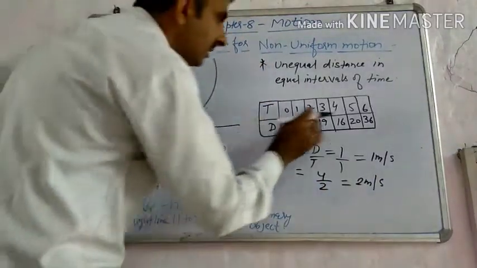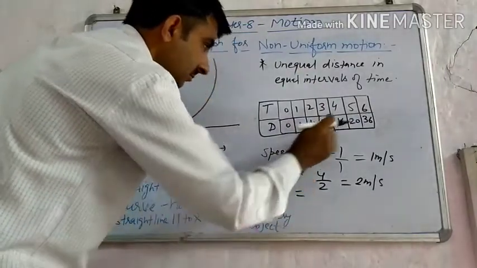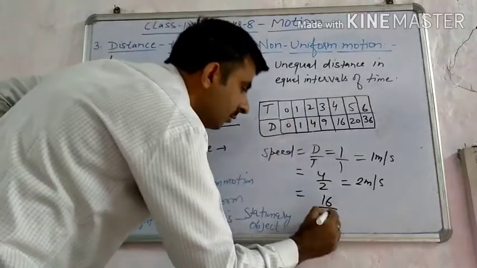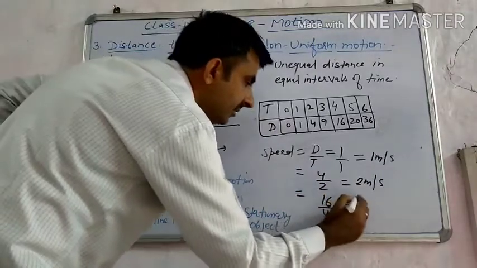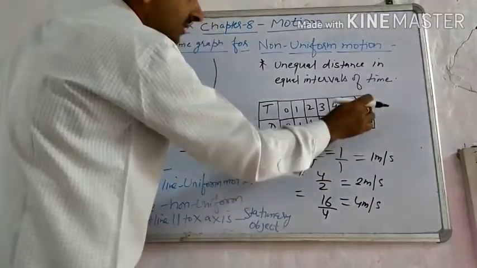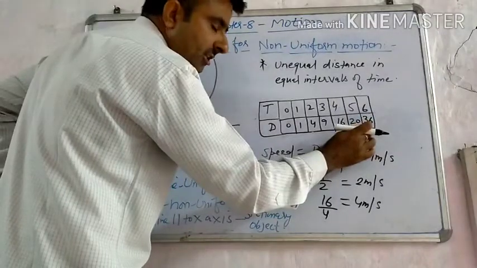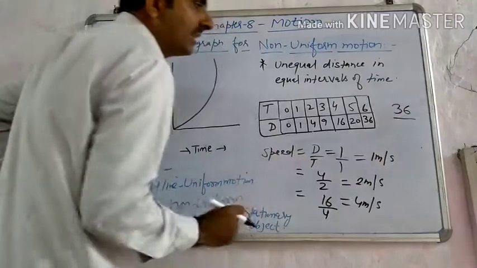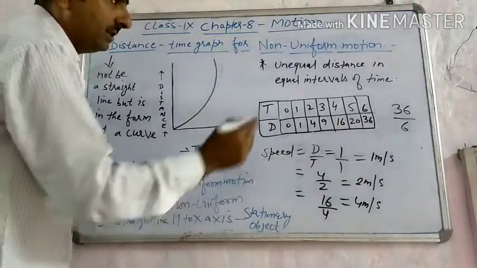Now if we take at 4 seconds, distance is 16 and time is 4. After 4 seconds, distance is 16 meter, then it will come 4 meter per second. So if we take this, after 6 seconds, it covers distance 36 meter. Now 36 is the distance, 6 is the time in seconds.